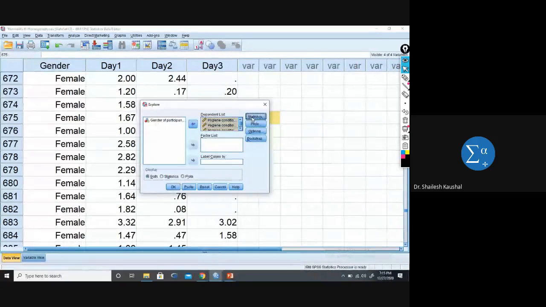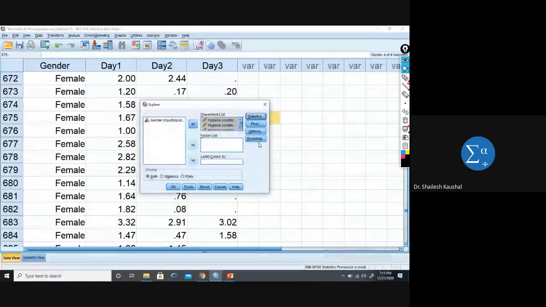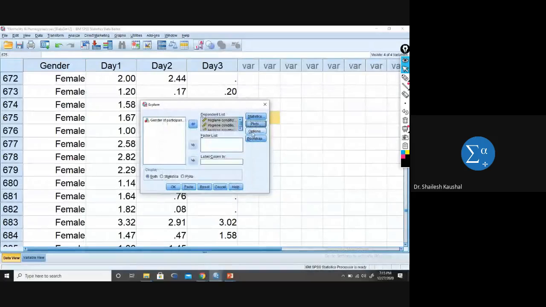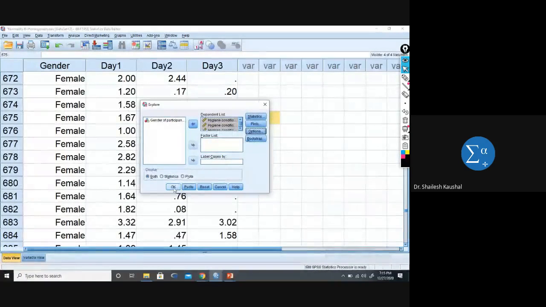Statistics: again I am finding the descriptive statistics, continue. Plots: I need histogram and normality plots, continue. Options: because there are missing values in day 2 and day 3, I am taking the second option, then continue and then OK.